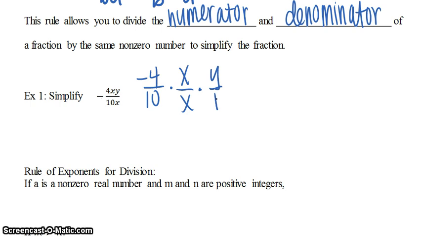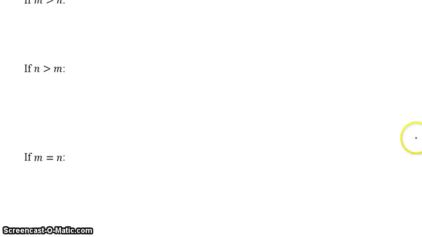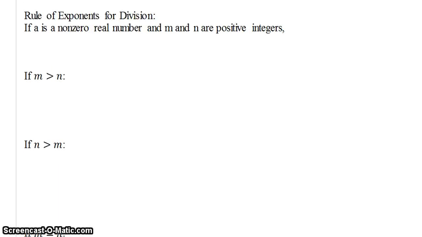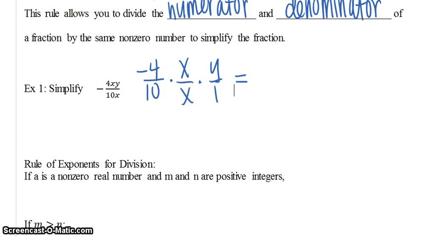And now I can simplify it a lot easier. So I'm going to simplify negative 4 over 10. Okay, so we have negative 4 over 10, which is the same as negative 2 over 5. X over x is actually 1.